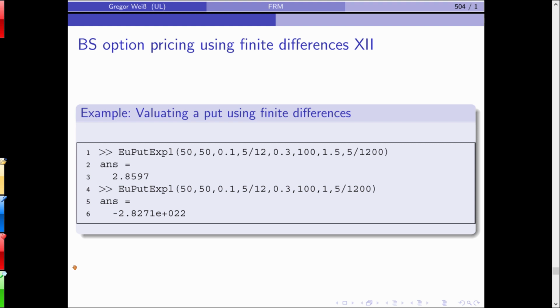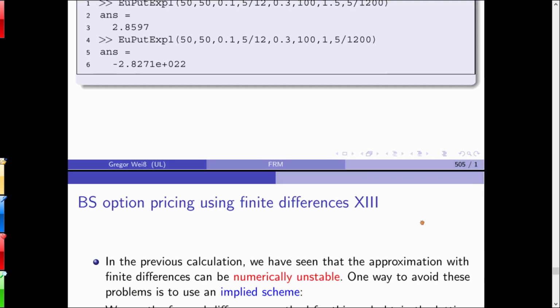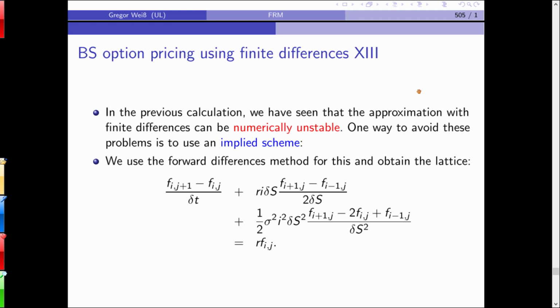And here you can see that in the last example, just with a slightly finer grid, it blows up. Yeah, it yields a result that is not usable. It's 10 to the 22nd power. That's not the option price, unfortunately. And you see that this variant of finite differences can be numerically unstable.